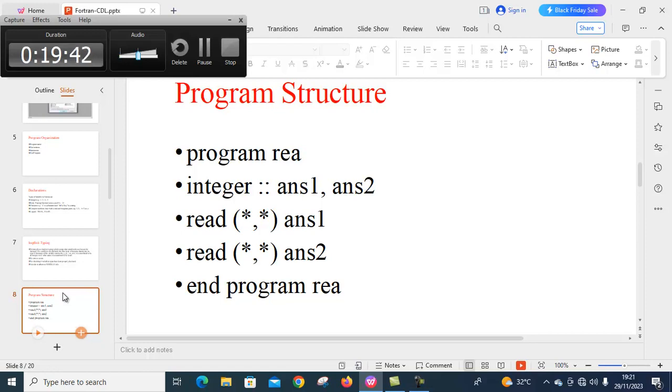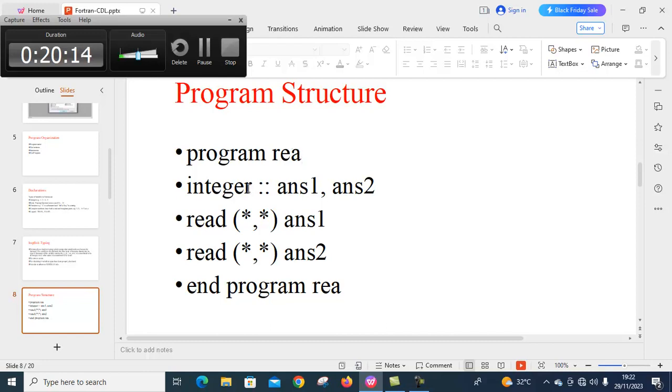For example, this is a program with the name real. I told you the other time that whenever you want to write a program, it must start with a name, and the name must be the same as that of the one that follows the end program, that you can see here. Real is also the same thing as what? Real. They are the same.